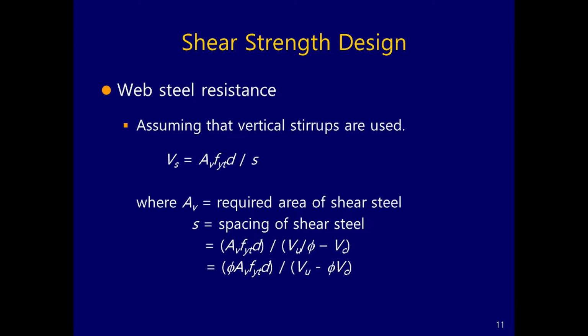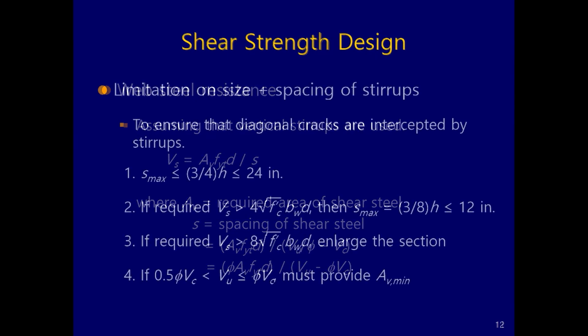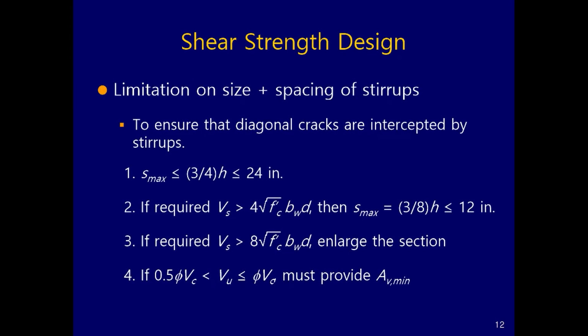So once you assume your A_v, you can determine your s, depending on the shear demand and the concrete capacity. Or you can determine your spacing of shear reinforcement first, and then figure out A_v. Either way is fine. Also, you check that maximum spacing should be smaller than 3/4 of the total depth, or 24 inches.